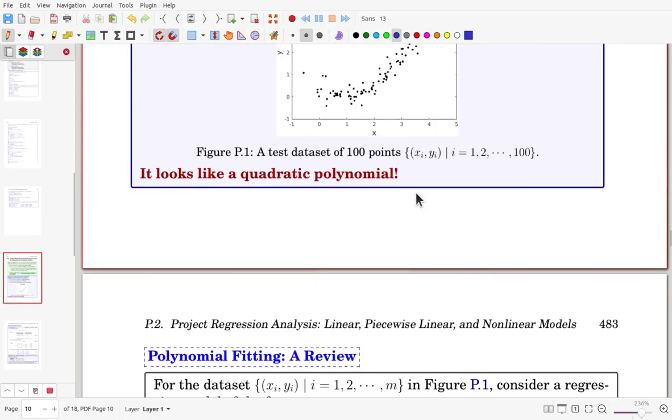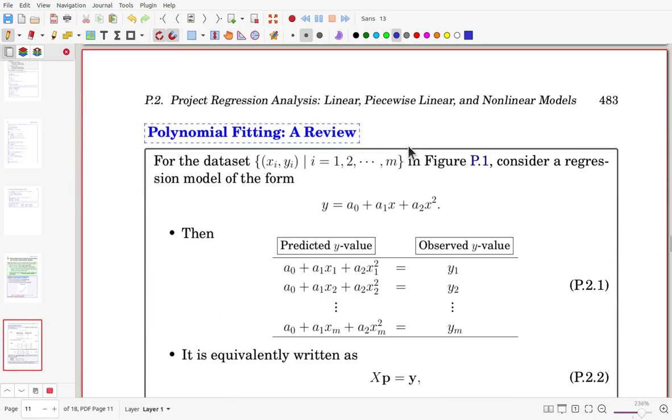Now for this data set, here we try to find a polynomial model in this form. It's a quadratic polynomial. For the data set, we consider this model, and there are n points.